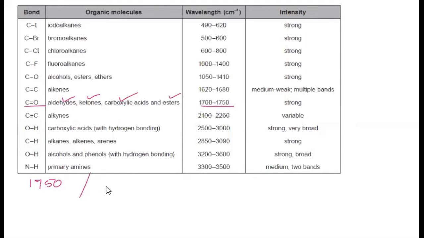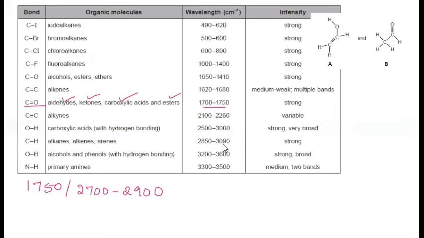Then we had a peak somewhere around 2700 to 2900. Between this range, we had another strong peak. In this wavelength list, we have data in the range 2850 to 3090. This range is for the CH bond. The CH bond could be because of an alkane, alkene, or an arene.